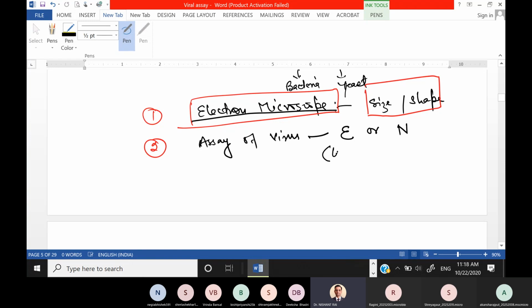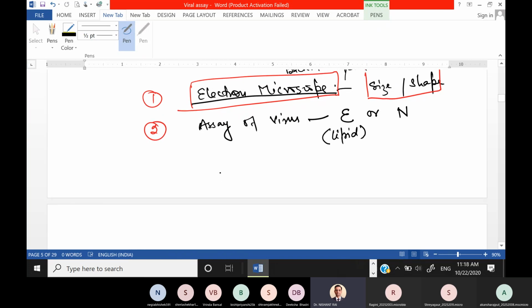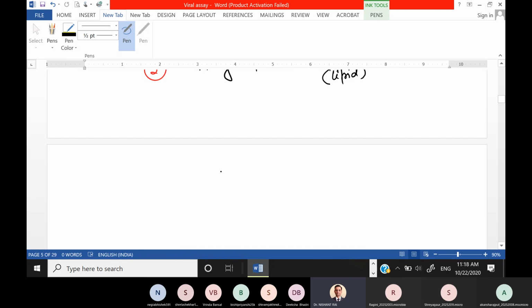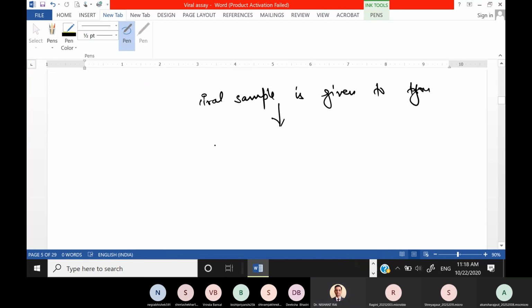The nature of the envelope varies and it may be made up of lipids or other lipid components. So again I am giving you a problem first so that you can identify. Let us suppose a viral sample is given to you, and it is asked to identify whether the virus is enveloped or naked.